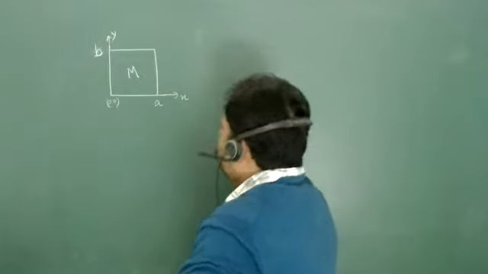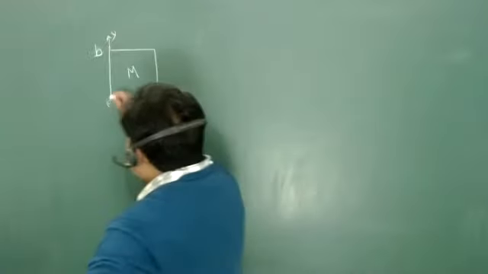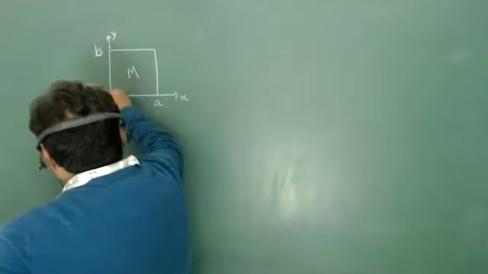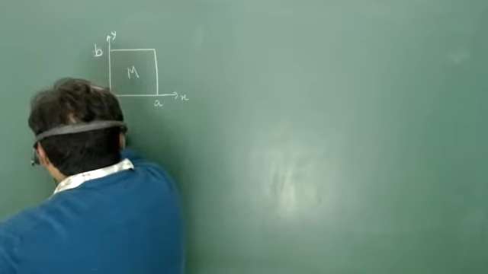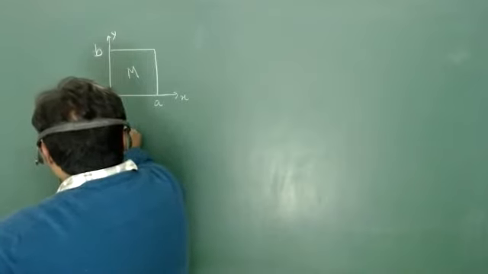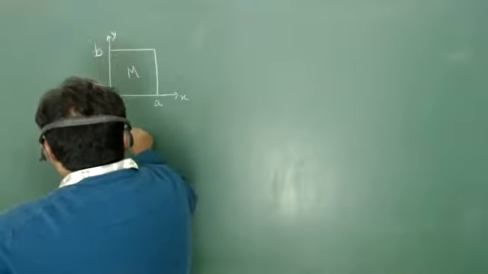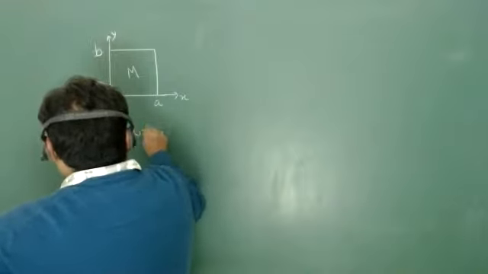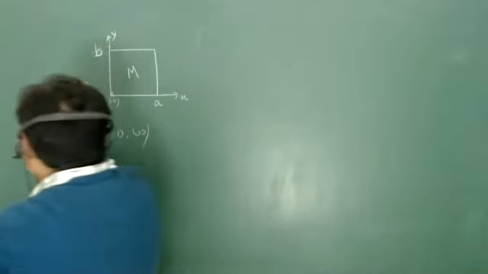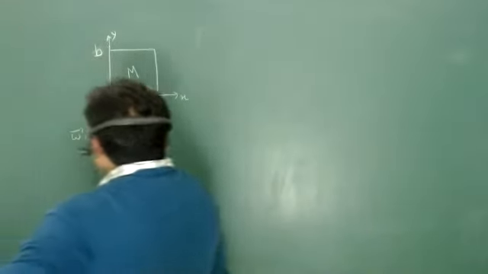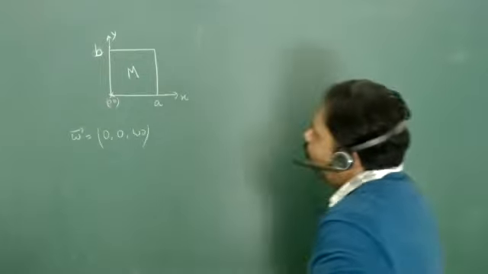And we want to just see what if the axis of rotation is from this origin, and this is given by 0, 0, omega naught. Okay, so this is your omega. Let's try to calculate this thing.